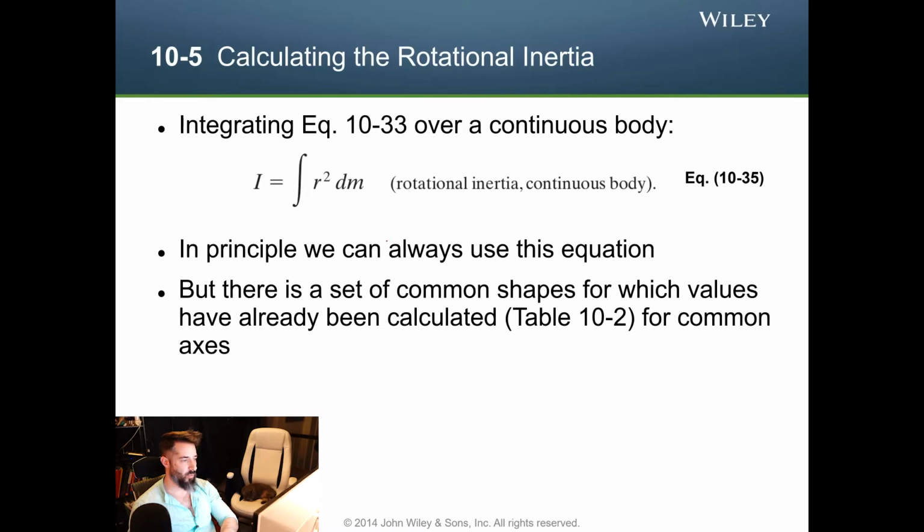And we'll get into some more stuff here. So continuous body, again, dealing with different sizes and shapes of things. The infinitesimal small piece that you're looking at is then dm.